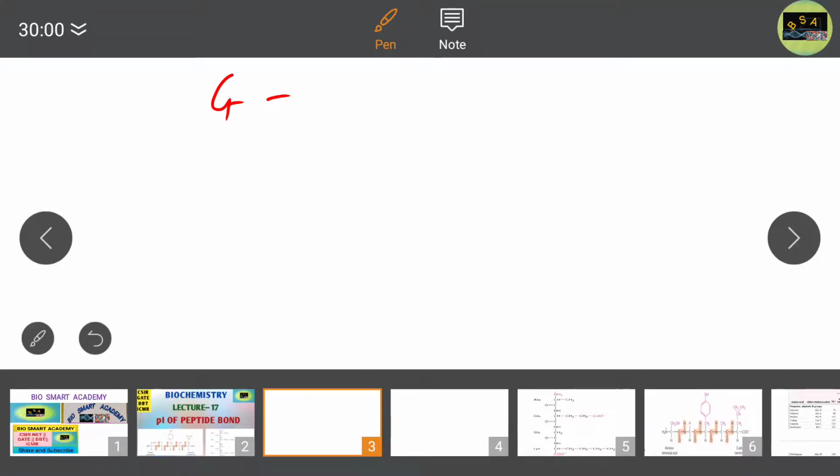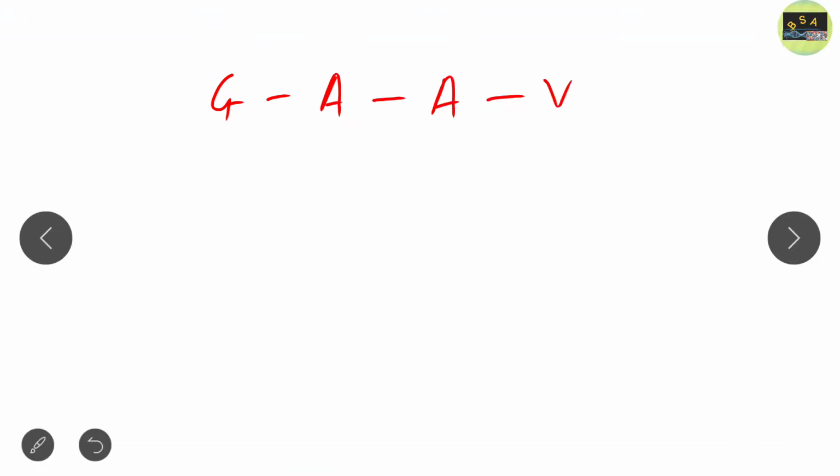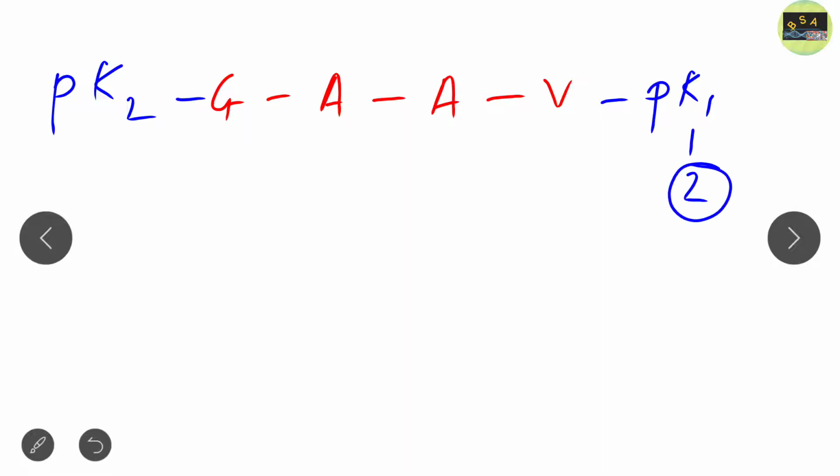So I just draw a peptide chain. See, this is glycine, this is alanine, this is again alanine, and this is valine. This is pK1, as we already know, and this is pK2. Clear? So you all know the value of pK1 is 2, and the value of pK2 is 9.